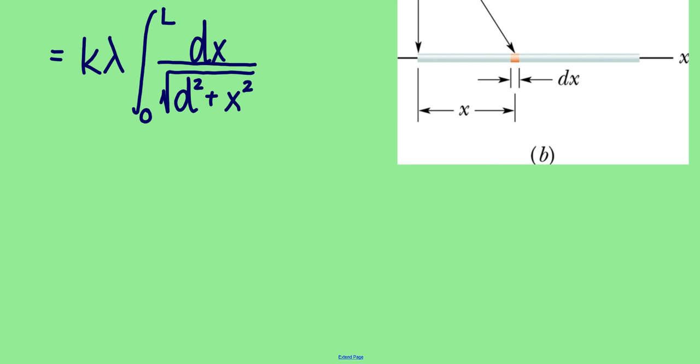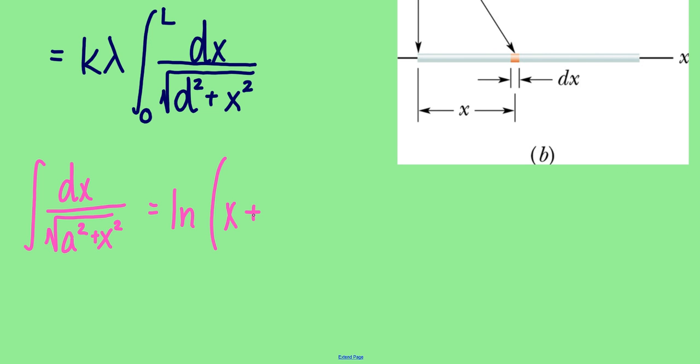If I find that integral in that table, it's written as such in your textbook. It says that the integral of dx divided by the square root of a squared plus x squared is equal to the natural log of the quantity x plus the square root of a squared plus x squared.